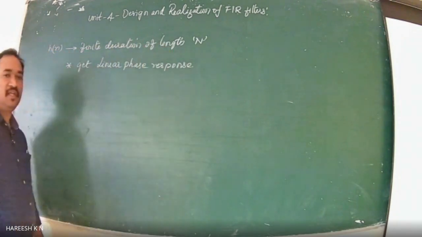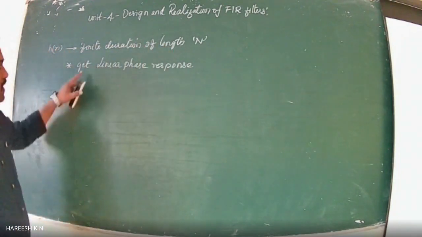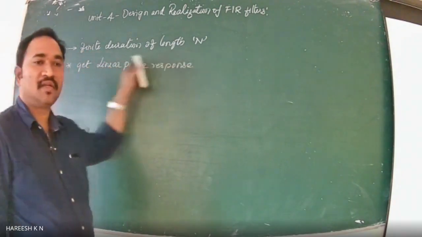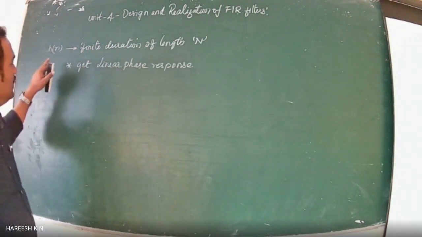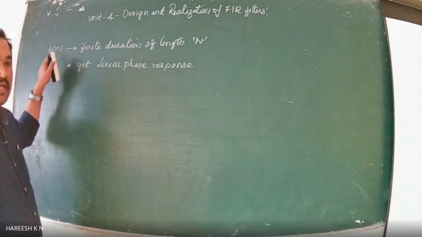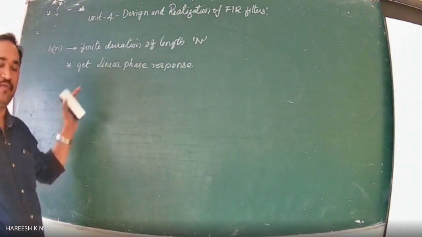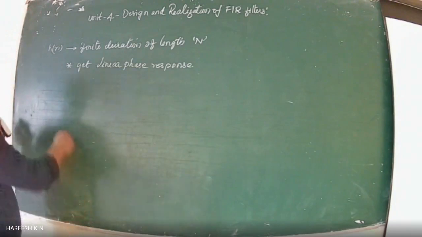The linear phase response can be obtained by maintaining the finite duration of length n for that impulse response. How to get finite duration? By multiplying the desired impulse response by the window function. We will come to know that a little later.